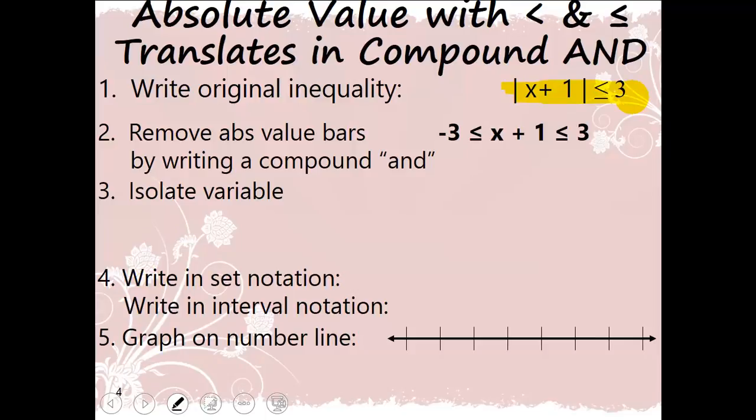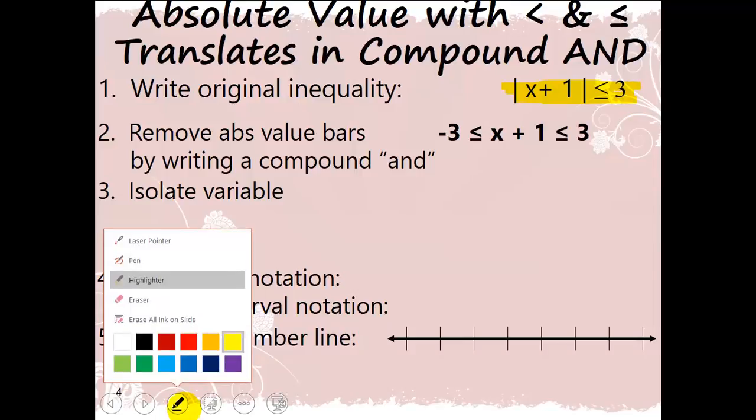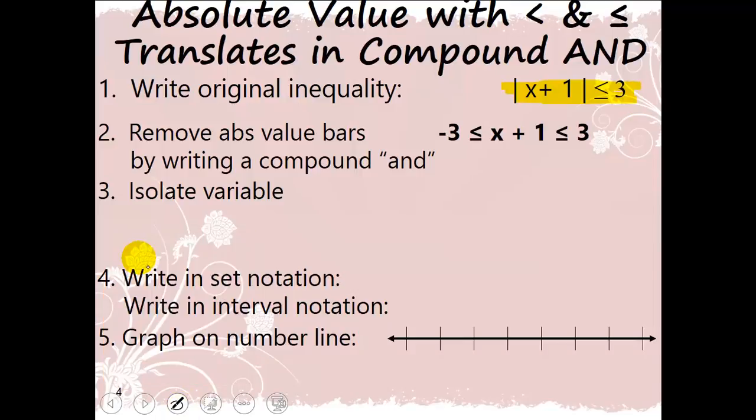So I'm going to take this number, and I'm going to take the negative of it, put it on the left. Then I'm going to take this number as it is, and I'm going to put it on the right. And then I'm going to put my expression in the center. We just wrote a compound and.